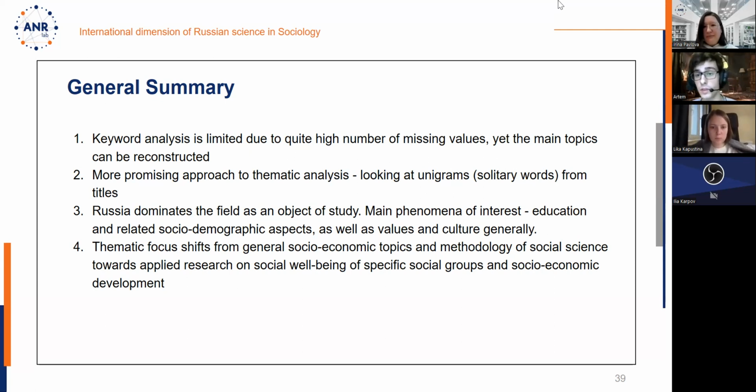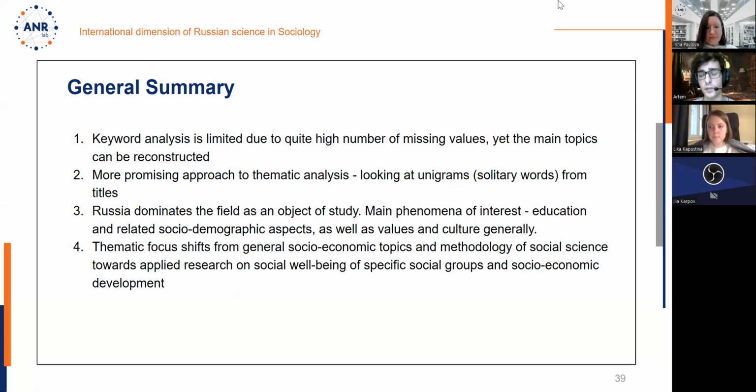So the main phenomena that Russian sociologists wrote about were somewhat related to education and socio-demographic aspects, and values and culture in general. These are quite popular topics.